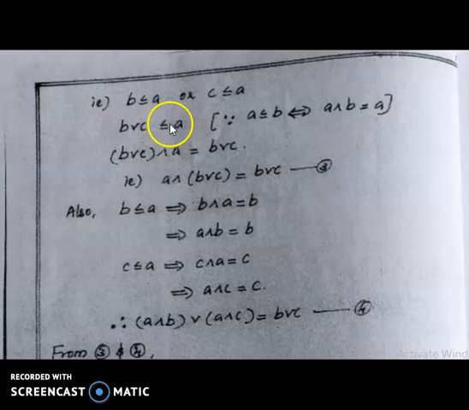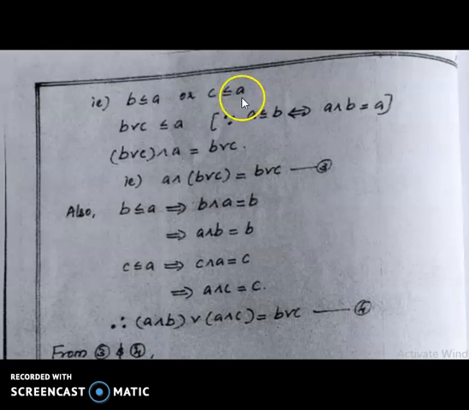If you take the AND property, you will get B or C. If you take AND between these two elements, that is equal to the first term. Similarly, if you take AND between these two elements, you will get the first term. B or C and A is B or C. Or you can rewrite it, you can write A at the front. A and B or C is equal to B or C. This is equation number 3.